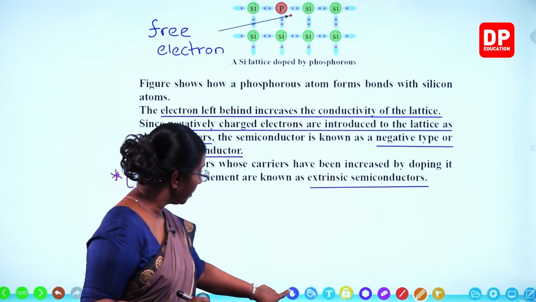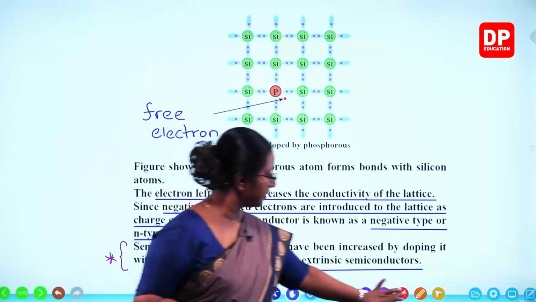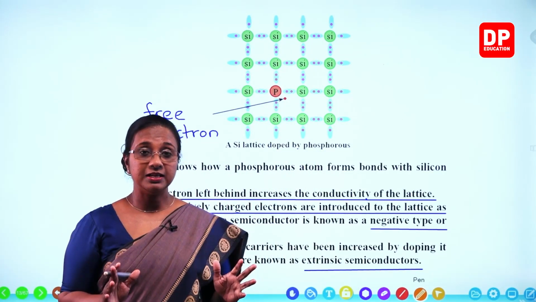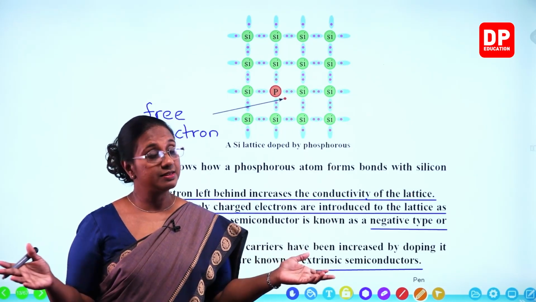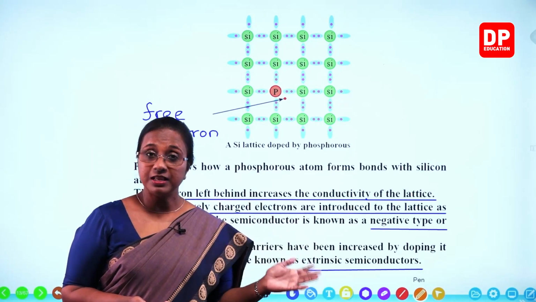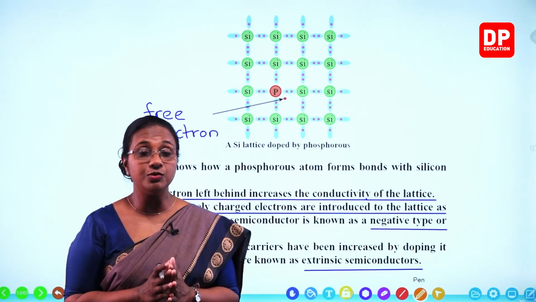So I told you all there are two types. Now here you can see this. We looked at the pure semiconductor at a higher temperature than 0 Kelvin, that is, let's say, room temperature. Because of the thermal energy, there are free electrons and holes, but still the lattice is electrically neutral.